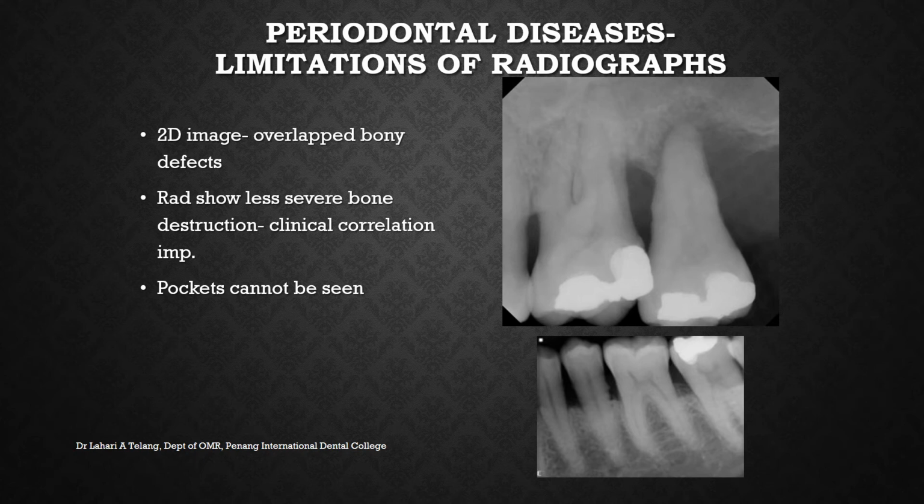Another important thing you need to keep in mind is that pockets cannot be seen. Pockets are soft tissue structures and you can't really assess them on radiographs. What you can assess is how much bone destruction has happened because of the pocket in that area. For example, you can easily analyze what is vertical bone loss and what is horizontal bone loss, which is leading to periodontal disease.